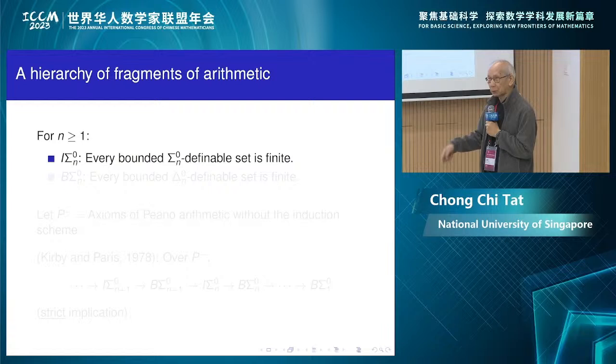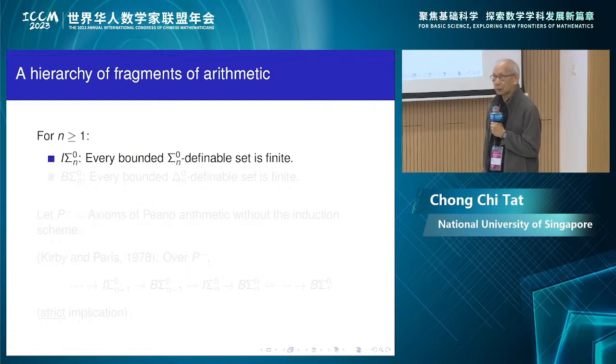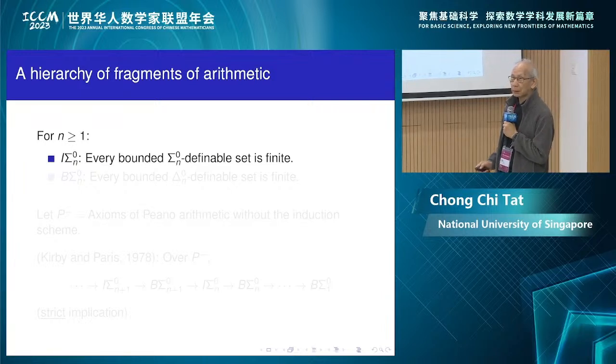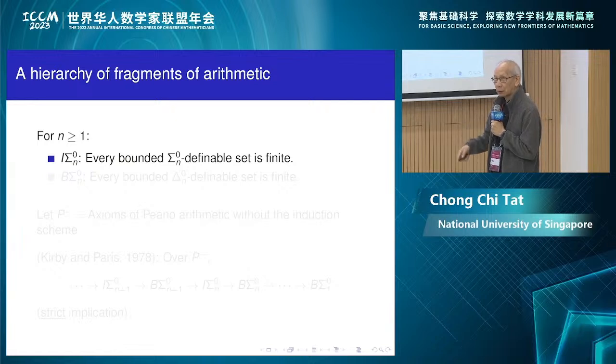If it's true for 0 and true for the successor, then it's true for all the natural numbers. But when we talk about any statement, when we formalize this notion, we are talking about any formula that we can describe in terms of the language of arithmetic. So it can be very, very complicated.